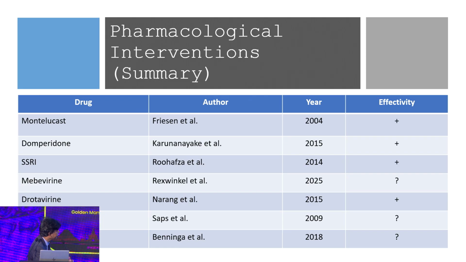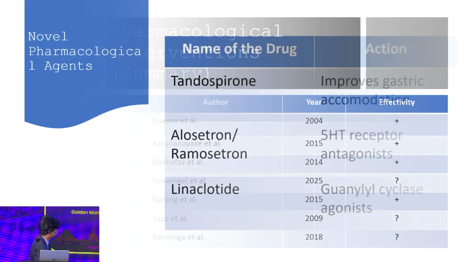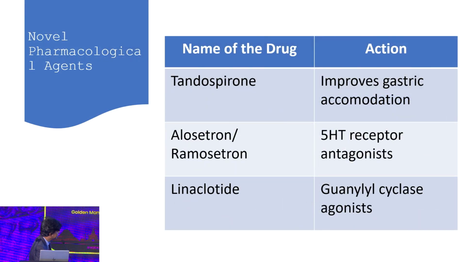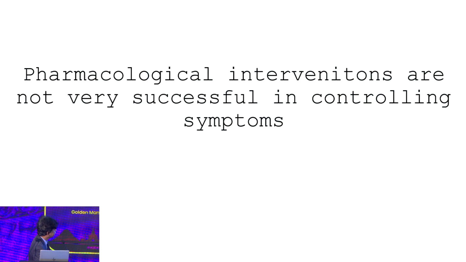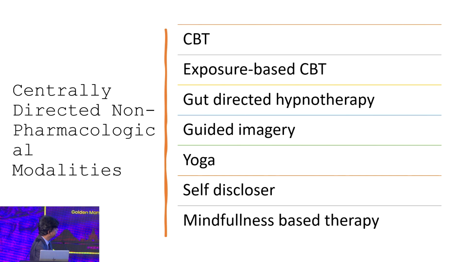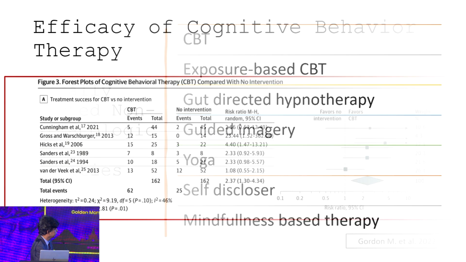But the majority of these pharmacological interventions are inconclusive. These things are still under evaluation. So this is what I can say after reading all these studies: pharmacological management interventions are not very successful in controlling symptoms. So then we have centrally directed non-pharmacological modalities, right?